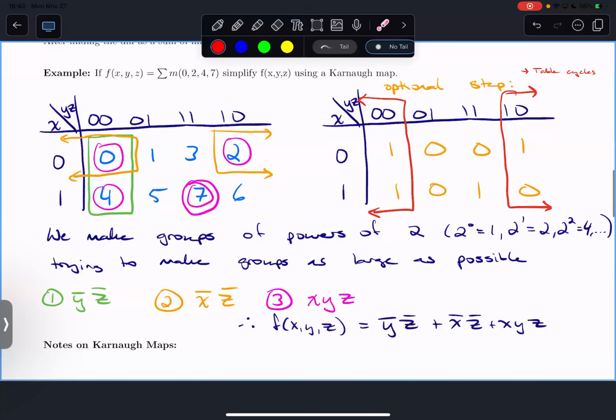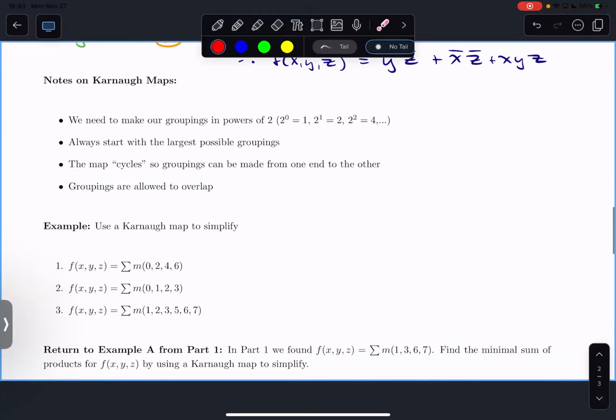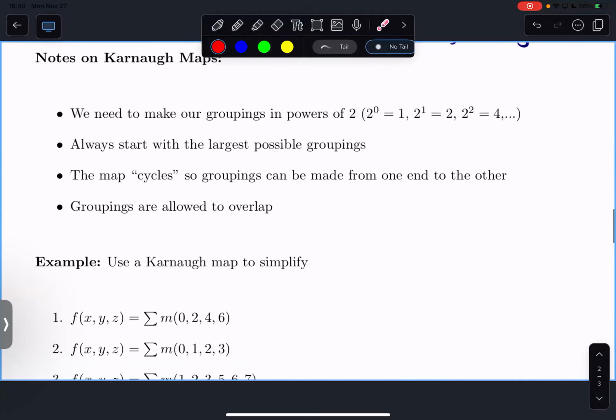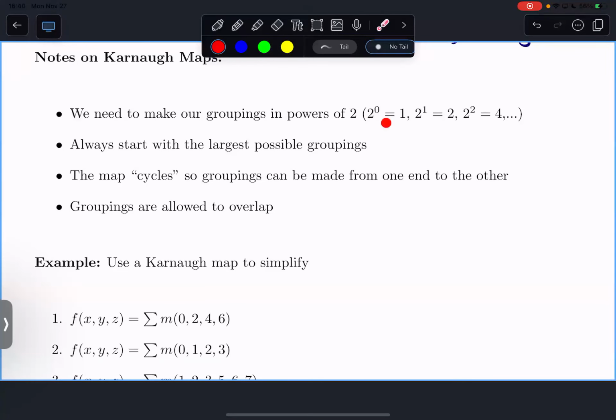I've got some notes here, but we've said them all before. We need to make our groupings in powers of 2. So 2 to the 0, 2 to the 1, 2 to the 2. And you always start with the largest possible grouping, right? Try to capture as much as you can and then get smaller. The map cycles, so groupings can be made from one end to the other, and later also top to bottom.